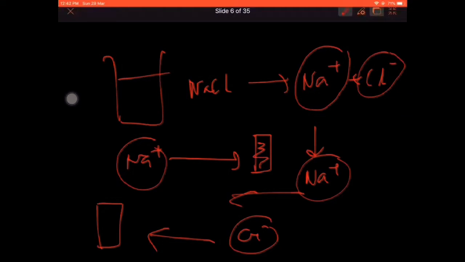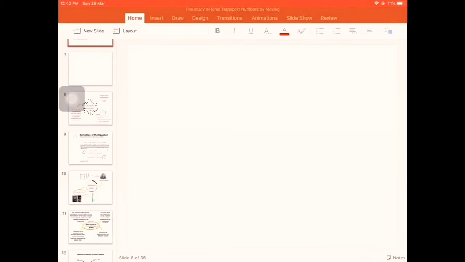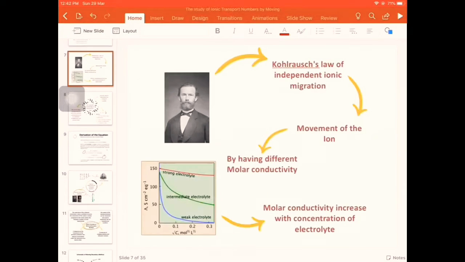Then we move on to the next slide. By knowing the concept of the Kohlrausch law about molar conductivity, we can relate it to the migration, or movement, of the ions. This brilliant physicist came up with a great idea to relate the motion of the ions to the molar conductivity.